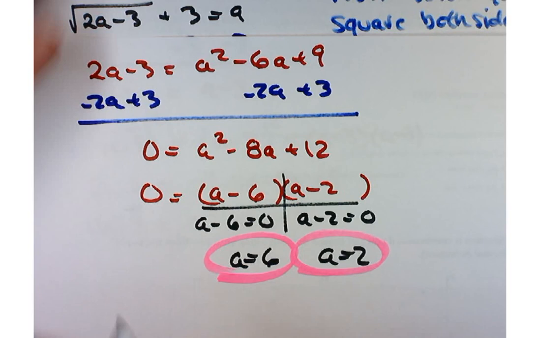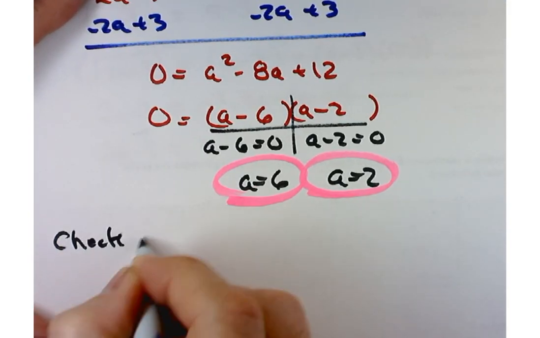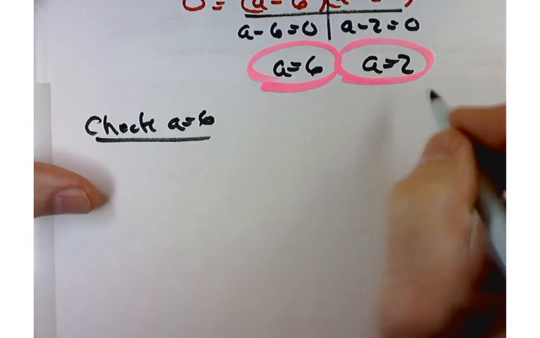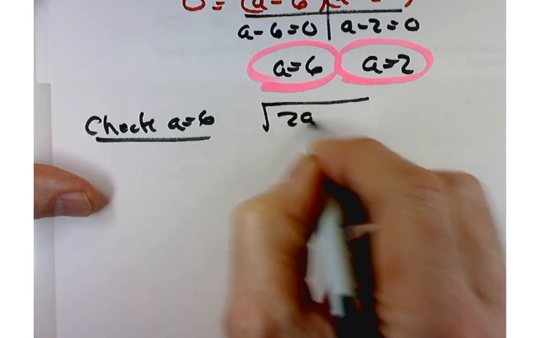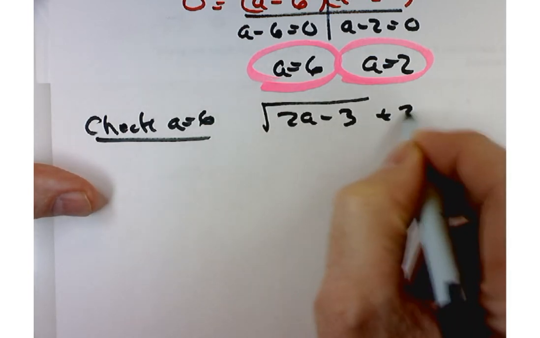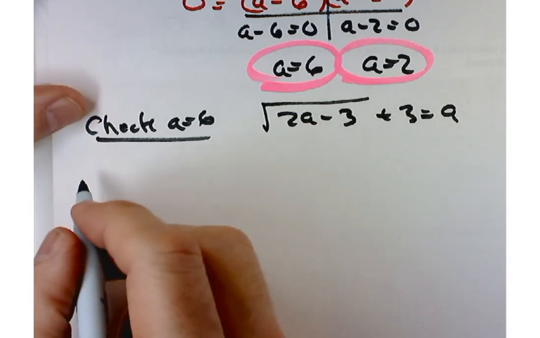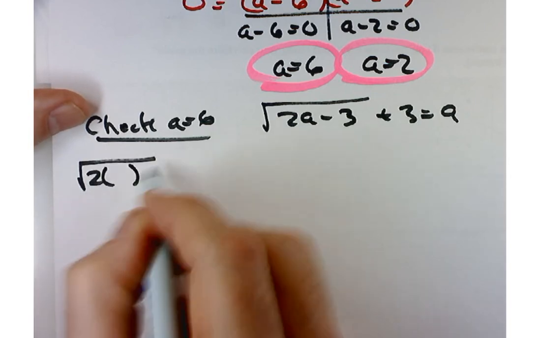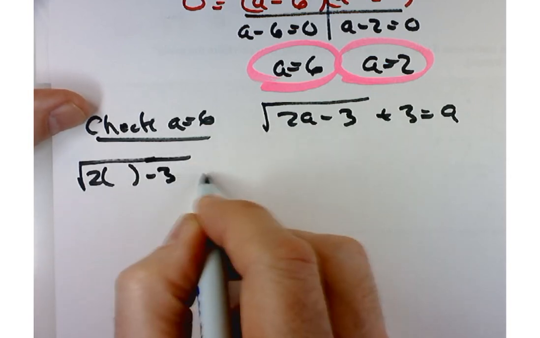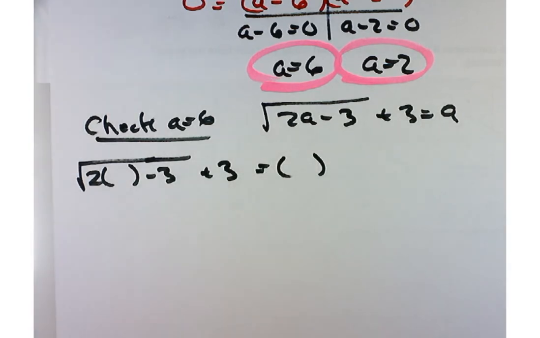We'll start with checking the 6. Thanks, Carol. Check a equals 6. So I'm going to put that into our original equation, which was this, square root of 2a minus 3 plus 3 equals a. Make sure you always put it into the original equation. So square root of 2 times a minus 3 plus 3 equals a.